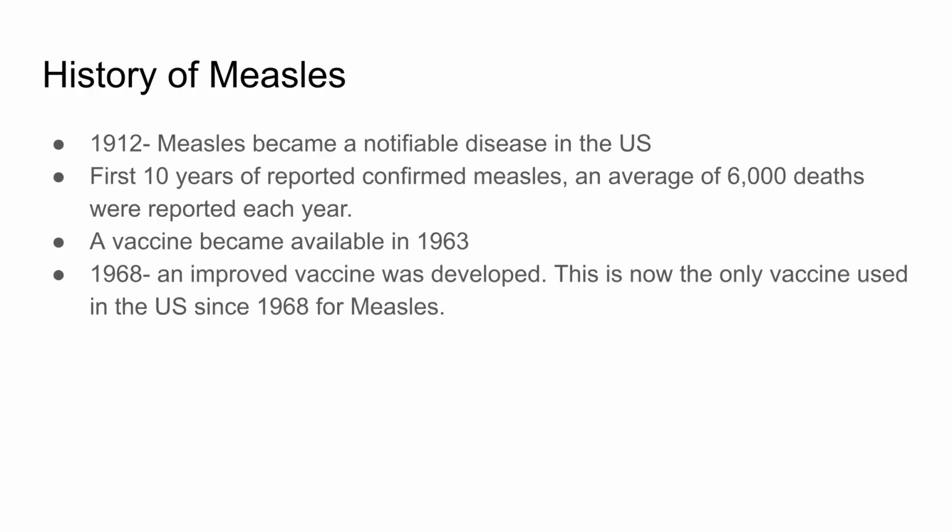And then 48,000 people were hospitalized, and about 1,000 suffered from swelling of the brain, also called encephalitis. A better and more improved vaccine was developed in 1968, and this is actually now the only MMR vaccine used in the United States since 1968 for measles.